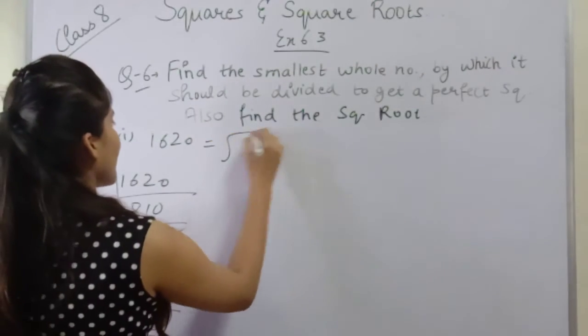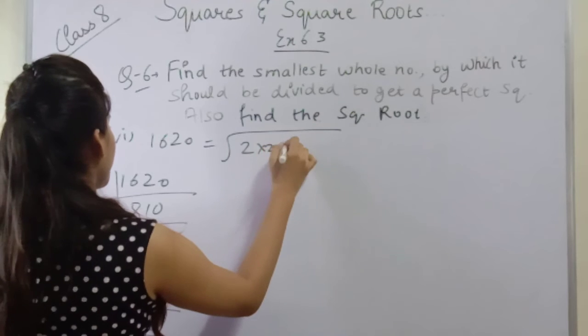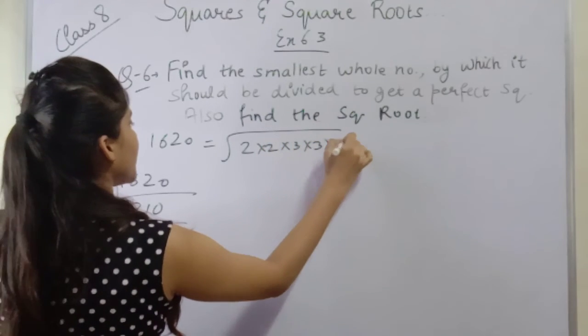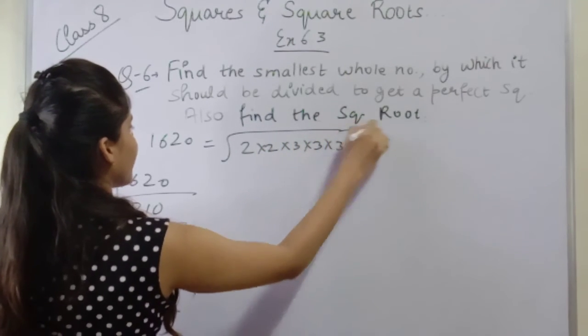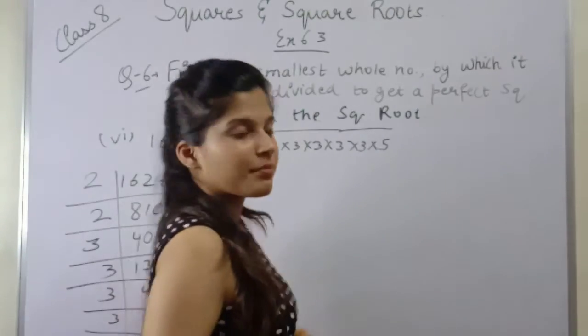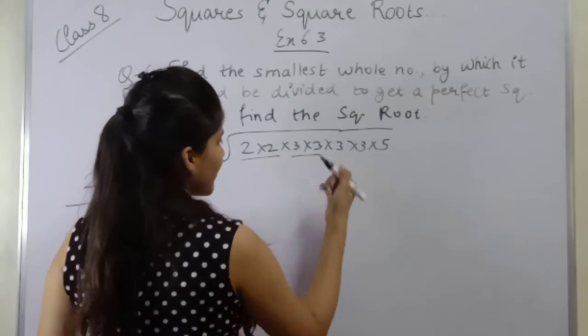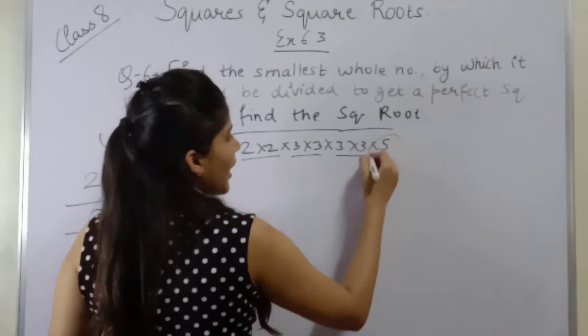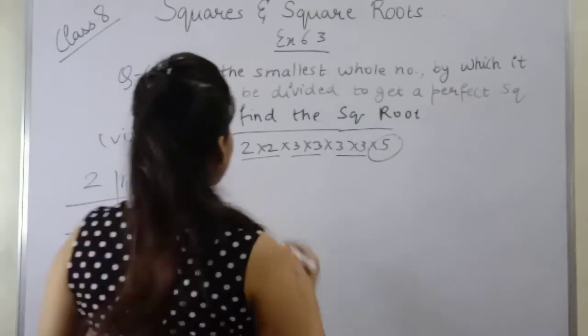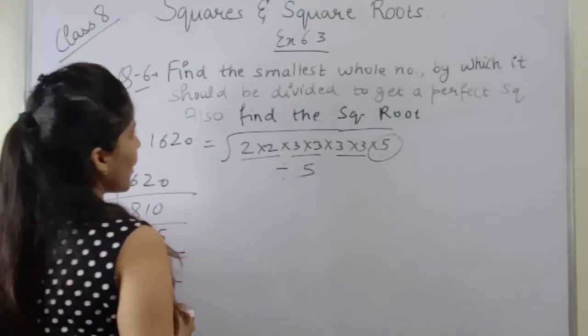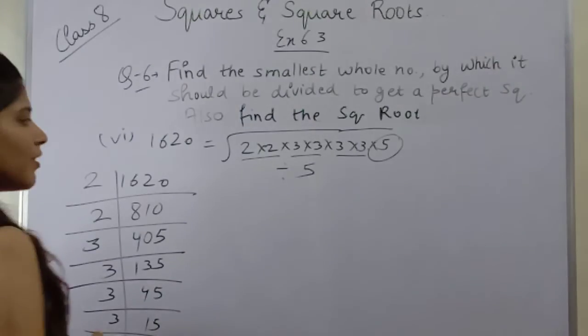So we got our factors: 2 into 2 into 3 into 3 into 3 into 3 into 5. Now start making pairs. First pair of 2, second pair of 3, third pair of 3 and 5 is a single term, which gives us the smallest whole number as 5.